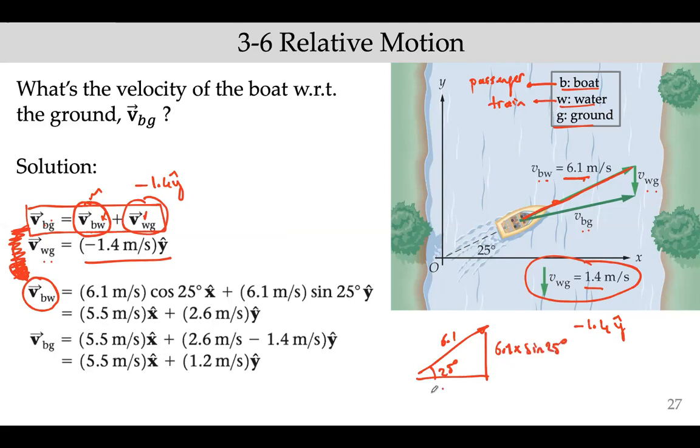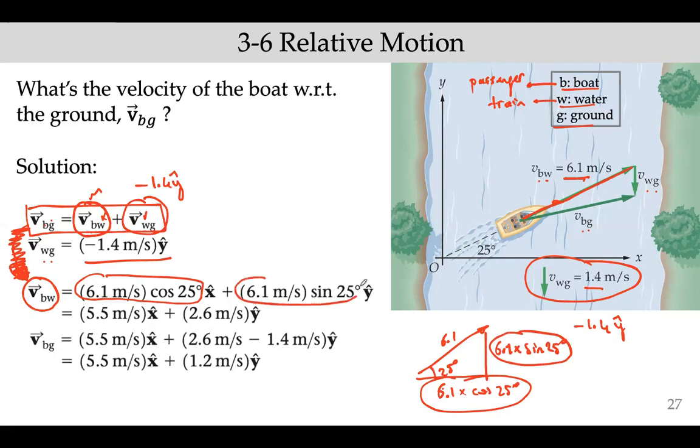And for adjacent, you use cosine, 6.1 times cosine 25 degrees. I multiply by x hat for the cosine term, and for the sine term I write y hat.